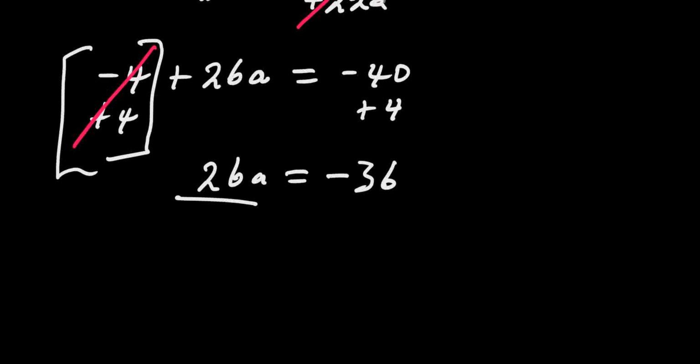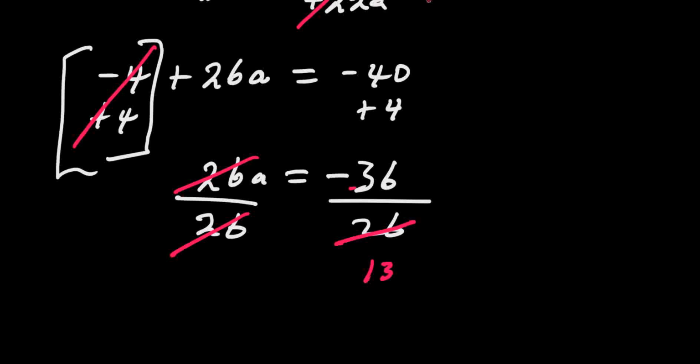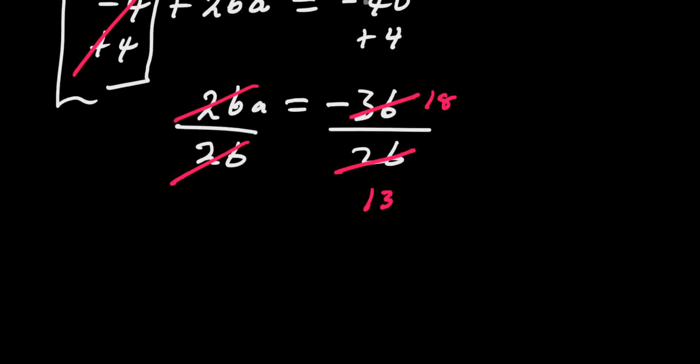So now we can divide both sides by 26. And 26 is going to cancel 26 from here. We can simplify the right side. Let's divide through by 2 into this. 26 divided by 2 is 13, and 36 divided by 2 is 18. So now a equals negative 18 over 13.